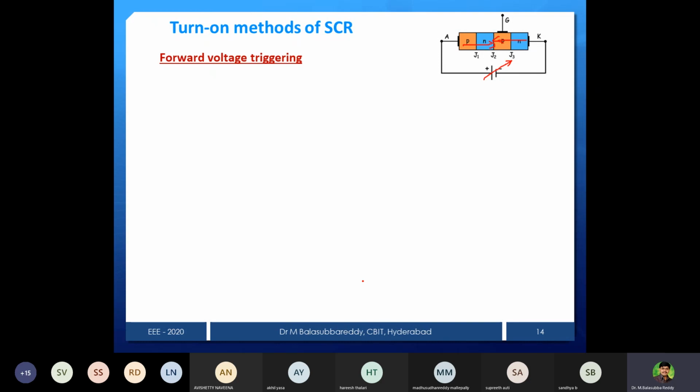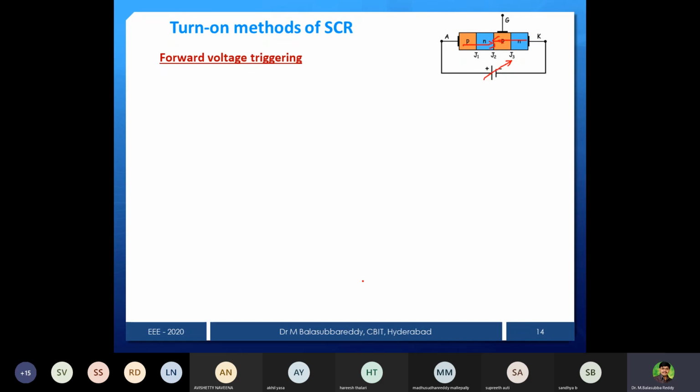So initially it is in the off state, but we keep on increasing the voltage, and suddenly junction J2 breaks down. Immediately there is a chance that at that moment the voltage from anode to cathode may go beyond the breakover voltage. That leads to a problem in turning on the device.